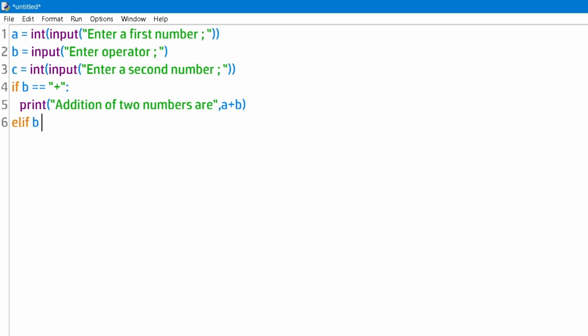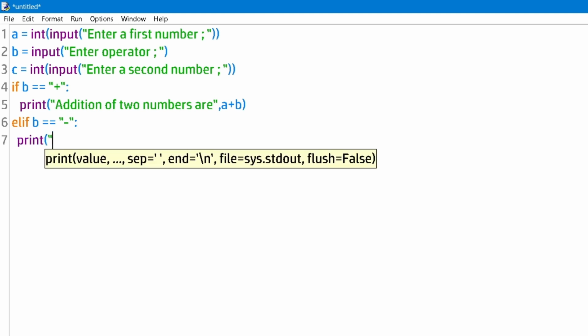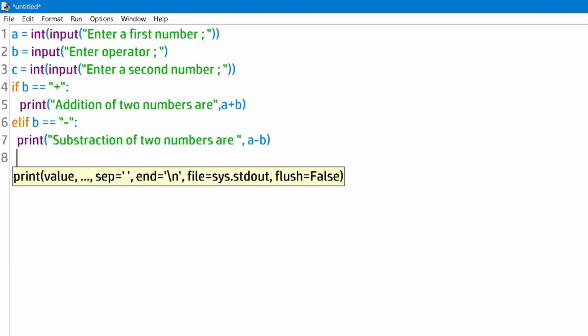So if b equal to minus, print subtraction a minus b. We have to make it a string. So this will write subtraction of two numbers a minus b.